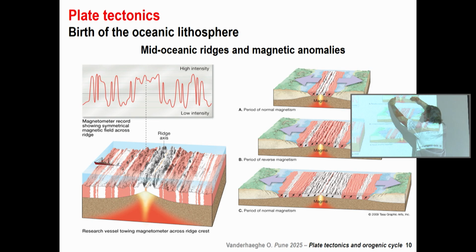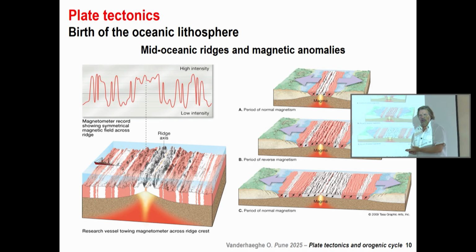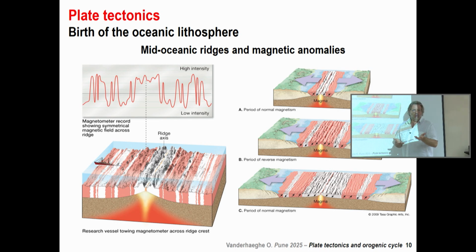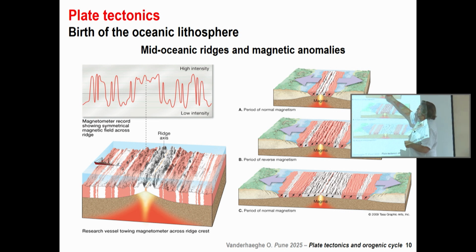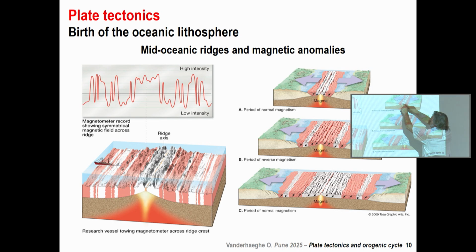Divergence, thinning will lead to, so I'll do a shortcut here, decompression of the mantle underneath, and decompression leads to partial melting, generating a basalt that is placed at the surface to form the new crust. Then divergence again: this new crust is separated in two. These two stripes that formed only one here are there.